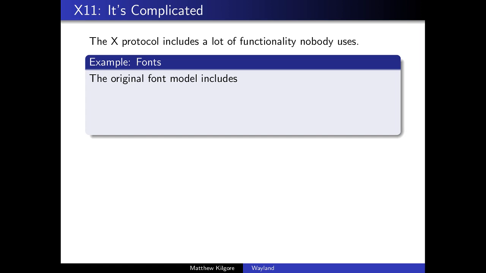So the original had a font model that includes things like code tables, font rasterization, and XLFDs. Now, I don't even know what an XLFD is, and from what I can tell, everything here is ancient stuff from the 80s and 90s that no longer needs to be done by the server.